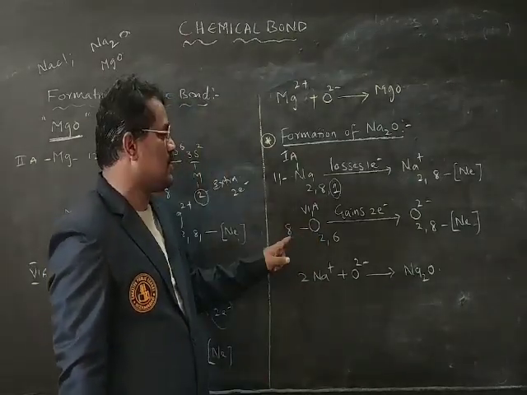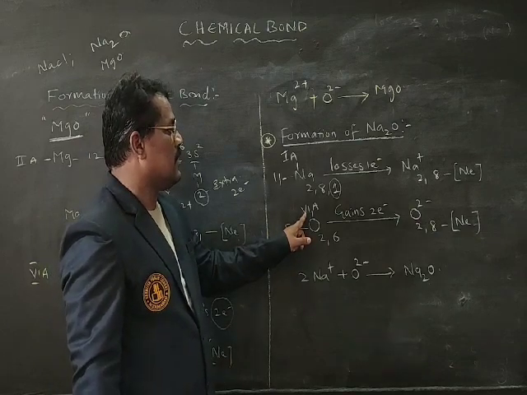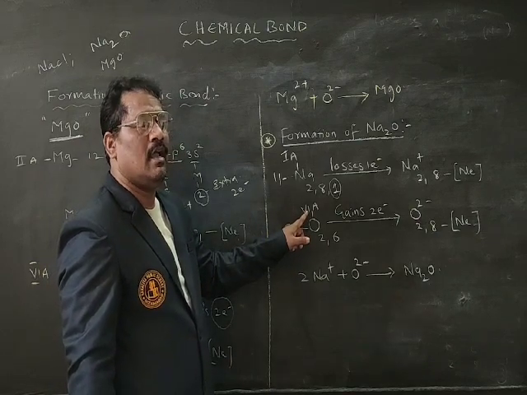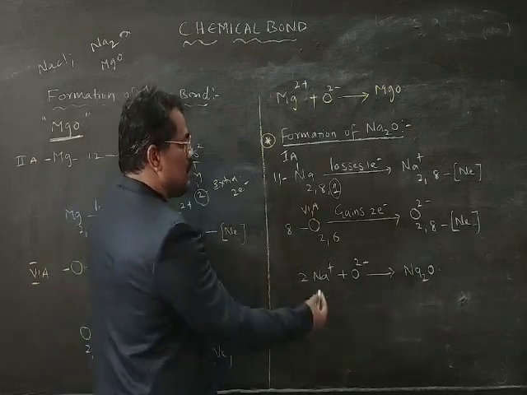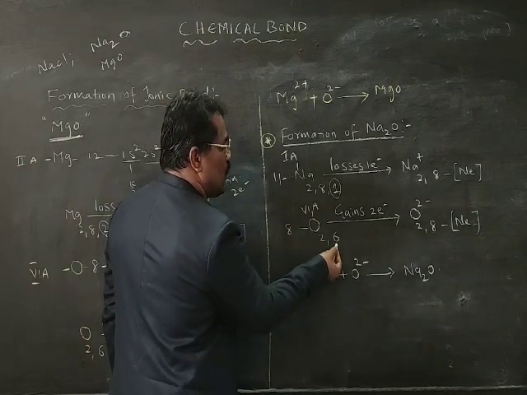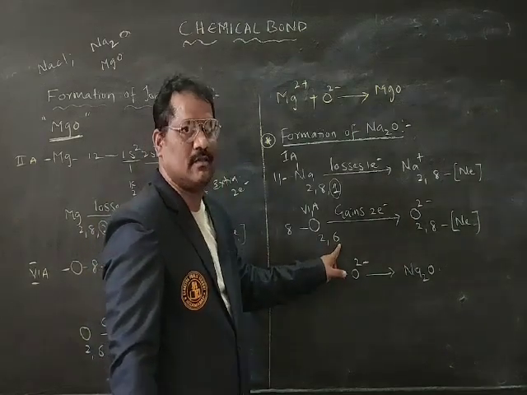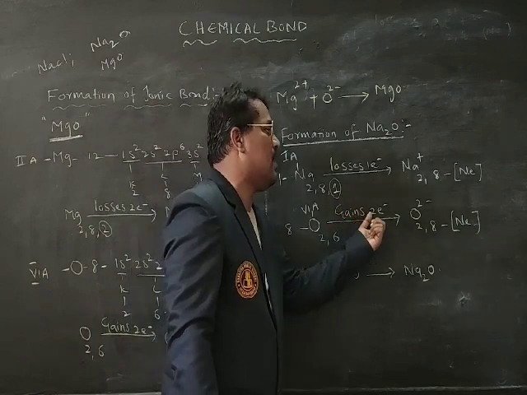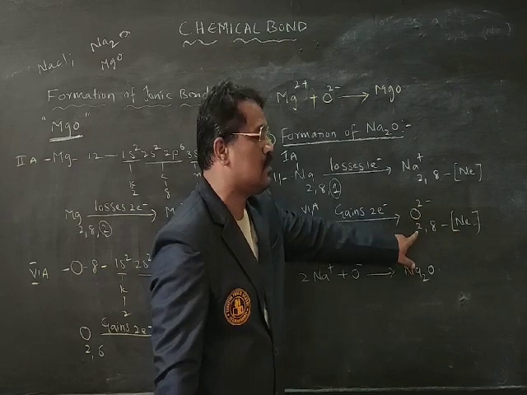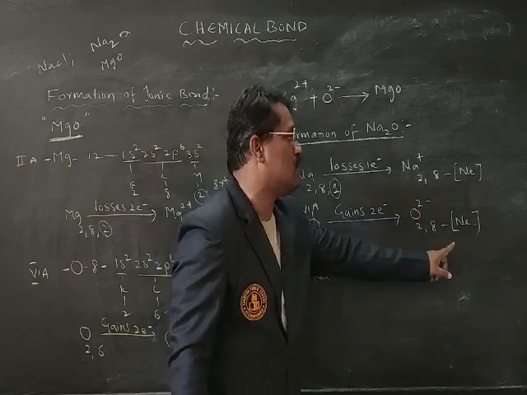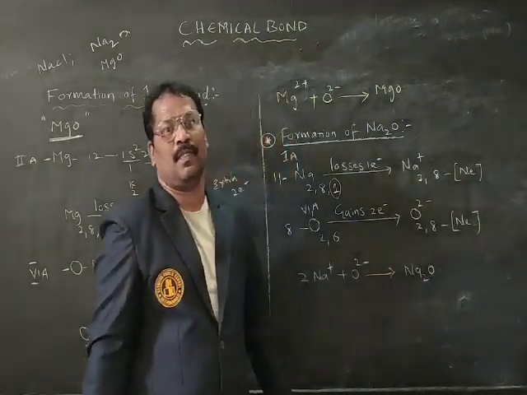Coming to oxygen, atomic number is 8, and it belongs to the 6th A group. Electrons in the valence shell are 2, 6. It is short by 2 electrons. Therefore, it will be ready to gain 2 electrons to form oxygen 2 minus, which is equal to neon electronic configuration of 2, 8.